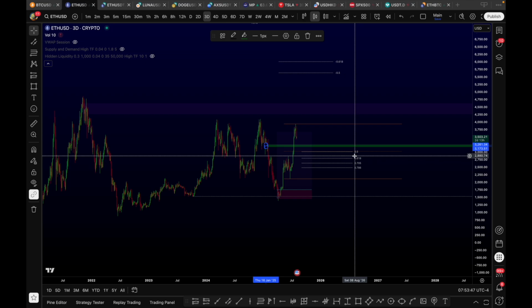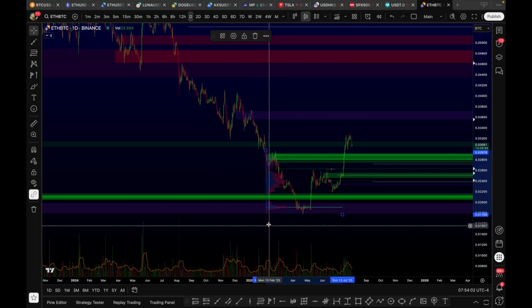How optimal would you rate this level on ETH? The green one, it's all right. It's something I want to trade, especially looking at all majors. I mean, we have this level on the Euro charts, we have this level on Terra Dominance, we have a level on ETH BTC.